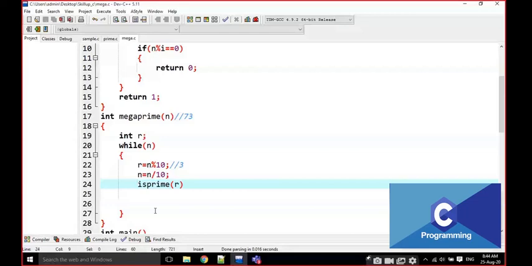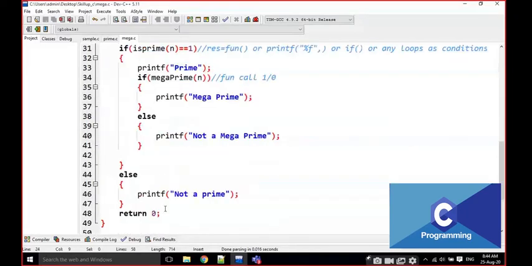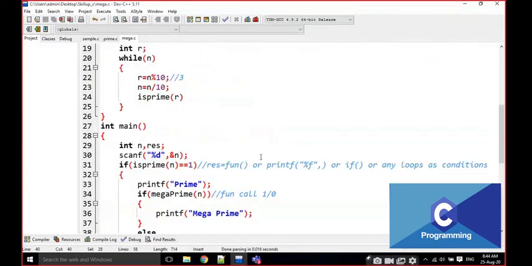What I have to do here? If the digit is not a prime, we have to return 0 here for not a mega prime, right?